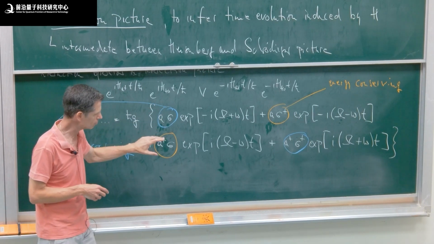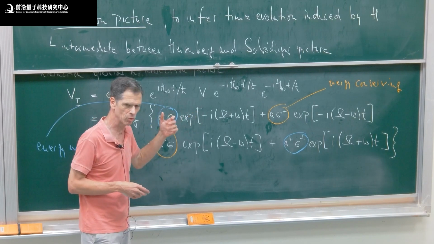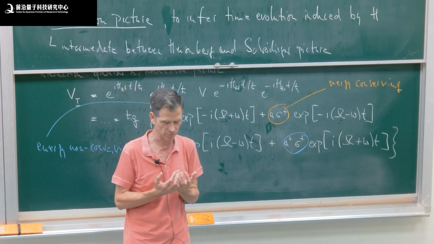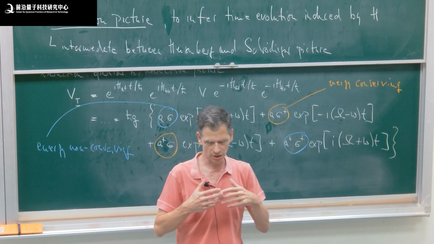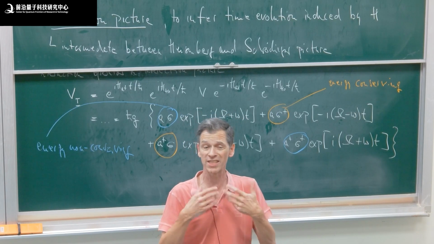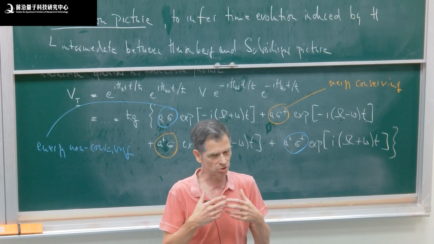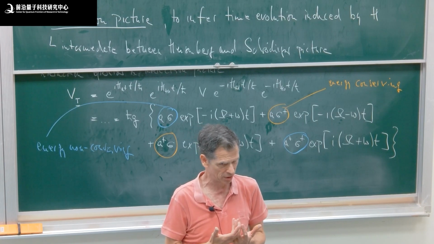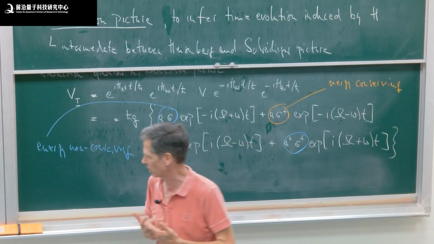We will call it here the rotating wave approximation. But in a different context, in the theory of open quantum systems, that's what we also call the secular approximation, which is a terminology which comes from classical dynamics, or classical perturbation theory, right?